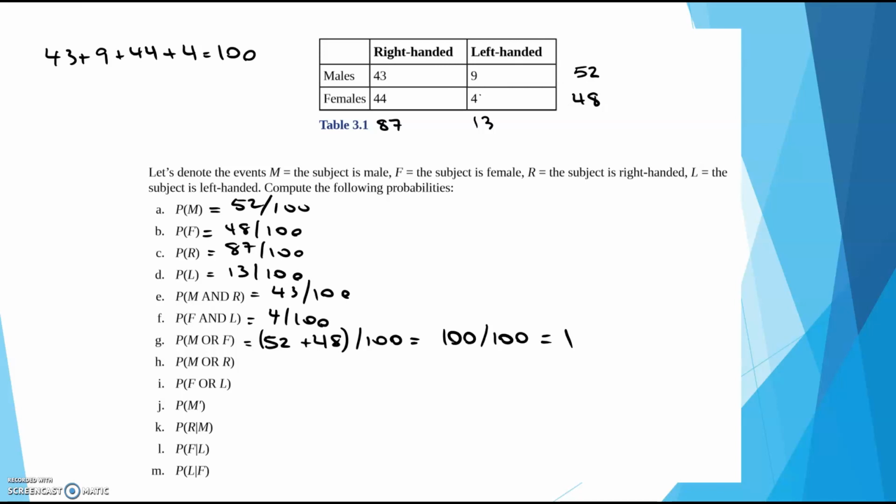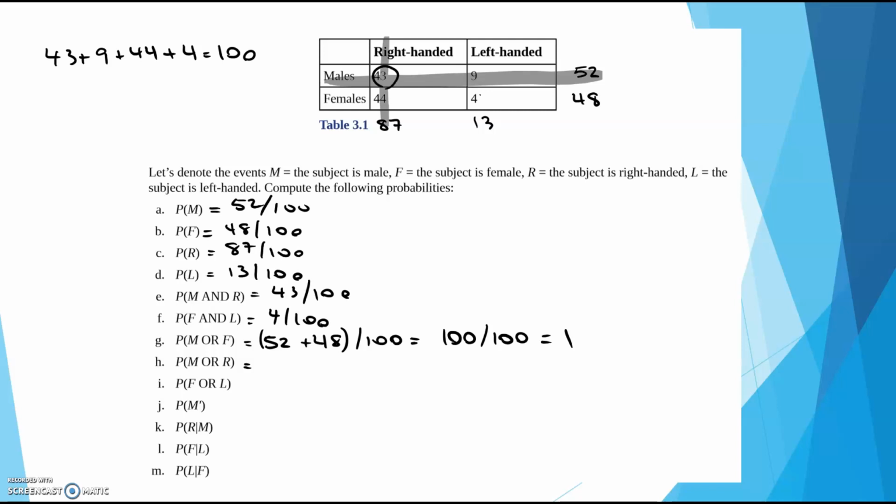Okay, probability of male or right-handed. So I need to emphasize we're going to combine together, but no repeats. So we're going to look at how many guys do we have? We have 52. And then how many right-handed people we have? We have 87. But notice right here, I just did a double count.